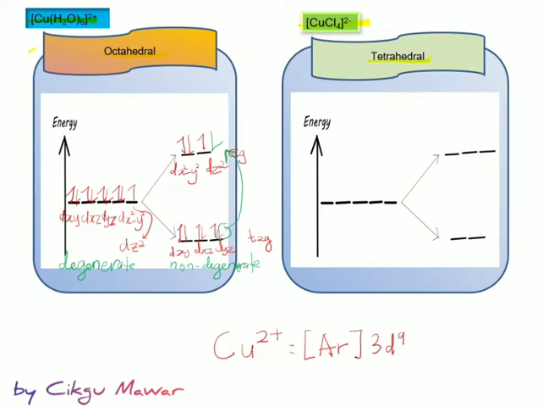This is caused by the presence of the energy difference. And as we know, the energy difference between the two sets of d orbitals corresponds to the wavelength of visible light.